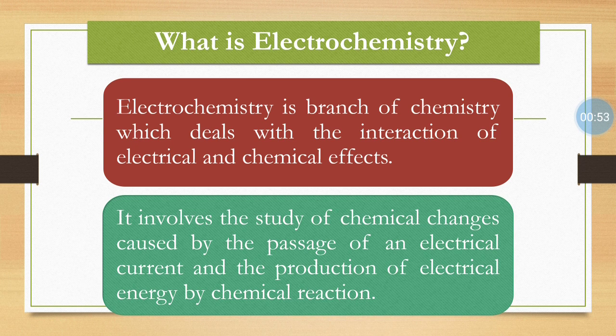Electrochemistry is a branch of chemistry which deals with the interaction of electrical and chemical effects. It involves the study of chemical changes caused by the passage of an electrical current and the production of electrical energy by these chemical reactions.